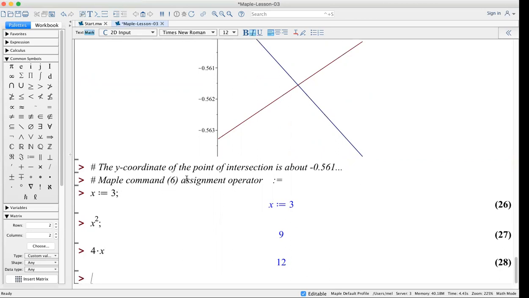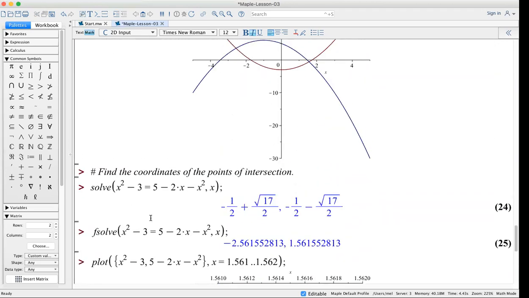I have assigned to the variable x the value 3. This is extremely useful. So this is a very important Maple command, the assignment operator. And I can use it in clever ways.